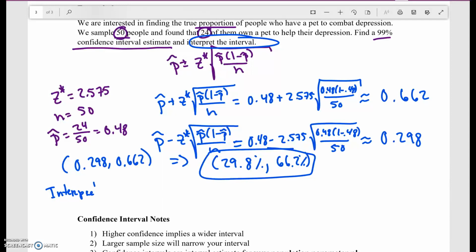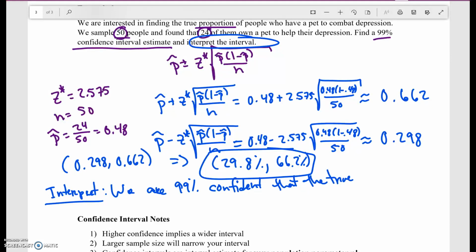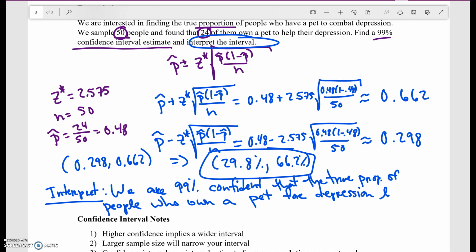Interpretation. So what exactly does this mean? It says we are how percent confident? We are 99% confident that the true proportion of people who own a pet for depression lies between 0.298 and 0.662.